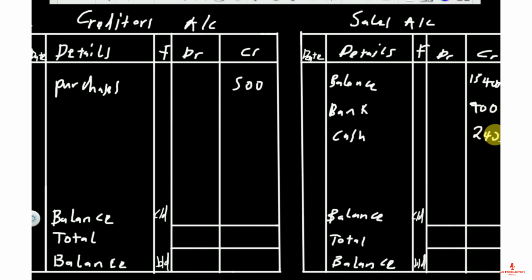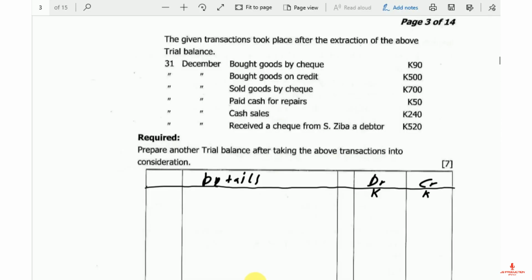Let us look at another transaction. Another transaction reads: received a check from S Simba, a debtor. Received a check from S Simba. That means that the two accounts that are going to be affected there, we're going to have the bank account and the debtors account. And for the debtors account, we have been given something.